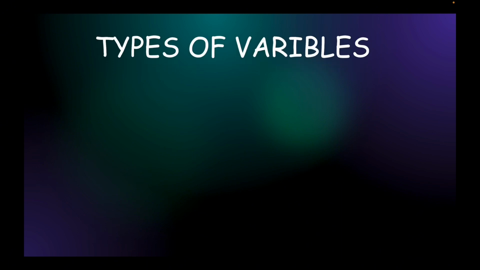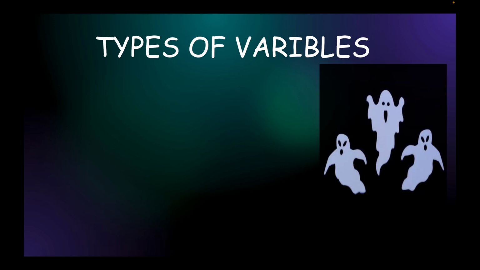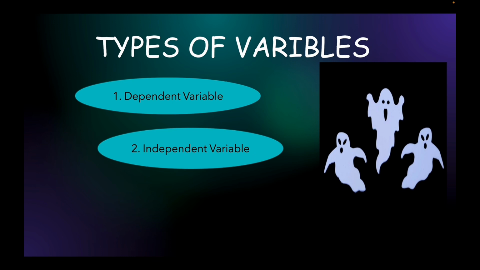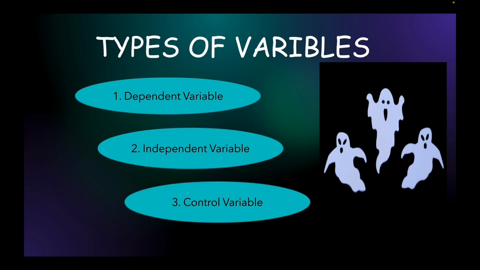Hello again. Welcome back. So now I'm sure you must be knowing what are variables, what are the 3 types of variables, and one more thing which will come up in the show. So the types of variables I told you were 3 types: dependent, independent, and control. But I'm very sure you're not scared of them anymore, right?